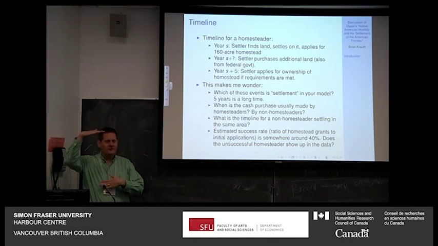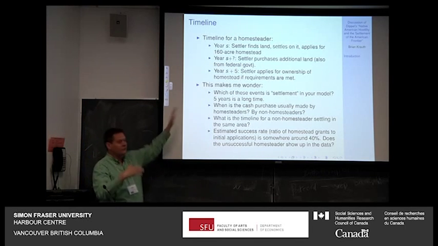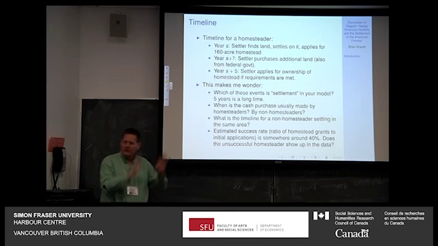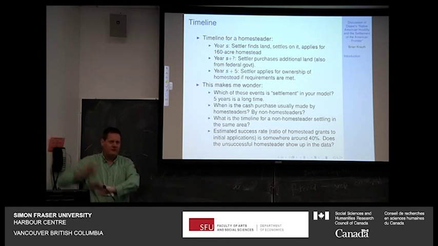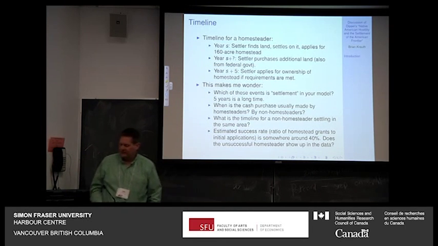At some point in the intervening period, the direct land purchase is made as well. I'm not sure whether we should think of that as happening at the beginning or at the same time that the final homestead is granted.